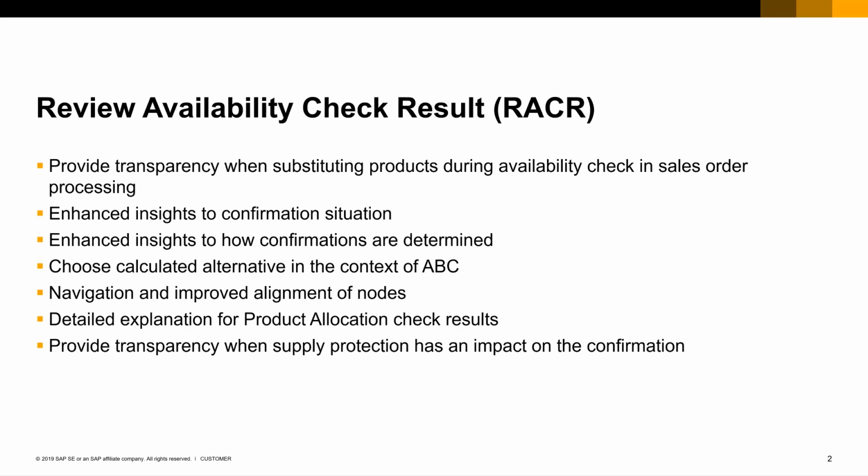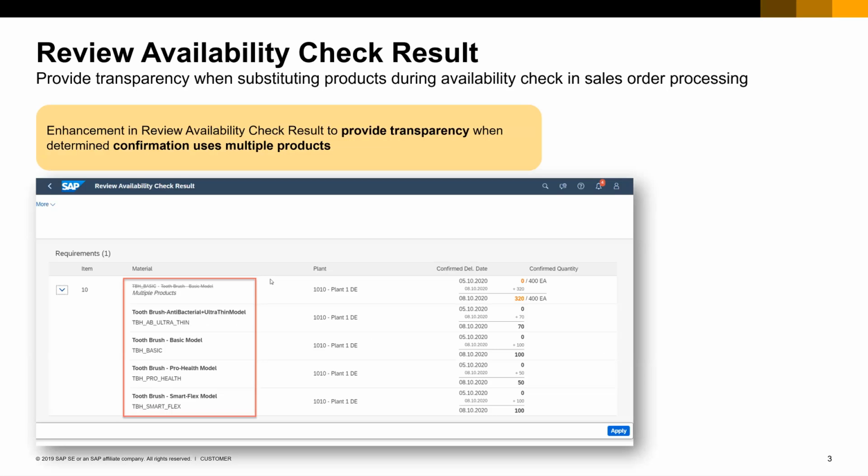Here we had quite rudimentary functionality in the last releases, but with this year's release, especially with the ABC and the differentiation between the different basic methods like product availability check, product allocation check, and supply protection, we made a huge step forward. Here you can see how it is displayed when we have multiple products in the ABC.